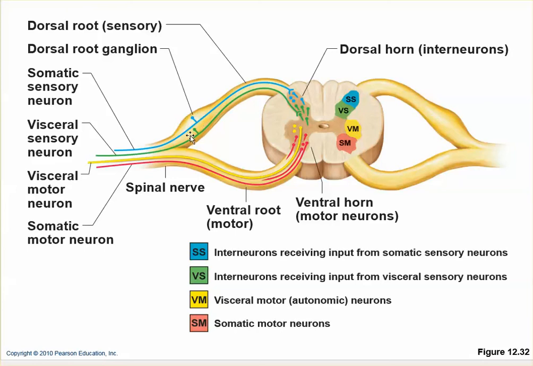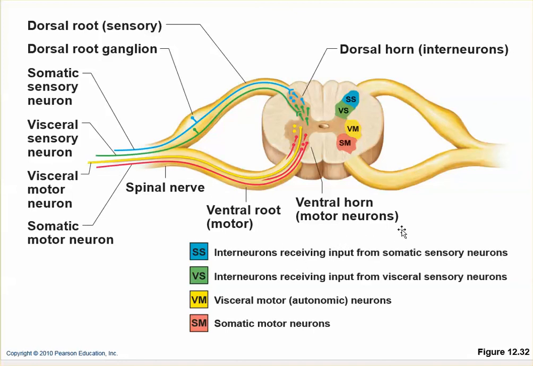And the cell bodies, since the sensory neurons are unipolar cells, are found in the dorsal root ganglion. The motor neurons all have their cell bodies here in the ventral horn of the gray matter, and they go out to the body via the ventral root and out the peripheral nerve that way.